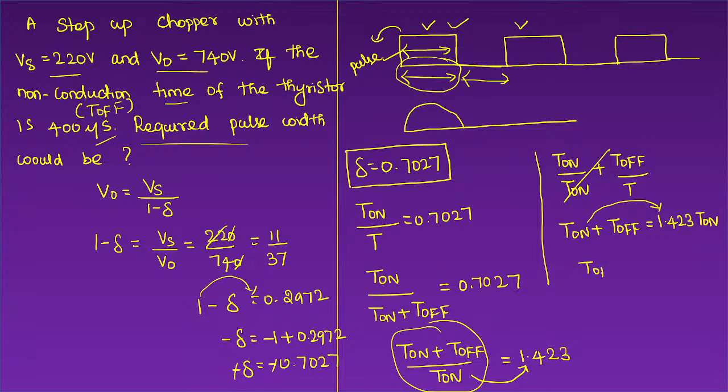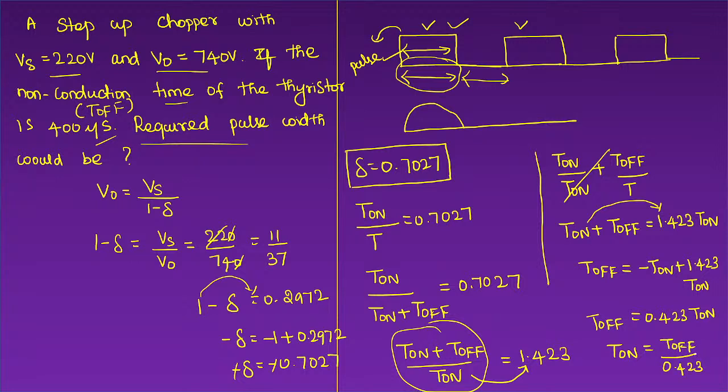Now pass this T on to the right side. T off will be equal to minus T on plus 1.423 times of T on, so it will be equal to 0.423 times of T on equal to off time. From this, we need only on time. So on time equal to T off divided by 0.423.